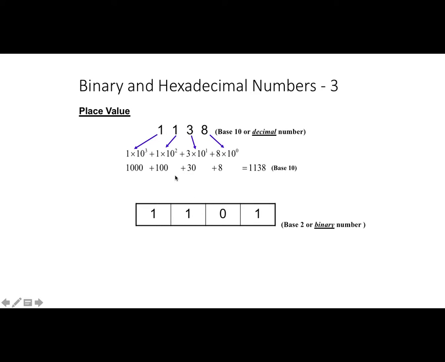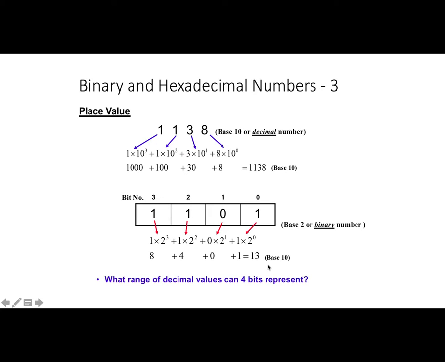Decimal is what you grew up with. In binary, we can do a very similar thing with positional notation to get a value. And here we can see 2 to the 3 is 8, 2 to the 2 is 4, and then 2 to the 0 is 1, and we add these together to make 13. So the binary to decimal conversion is a relatively straightforward thing.